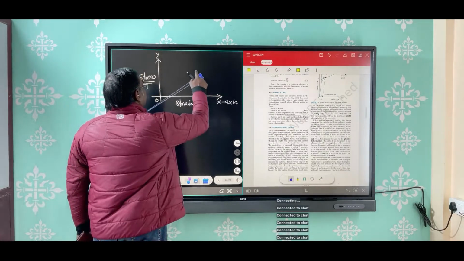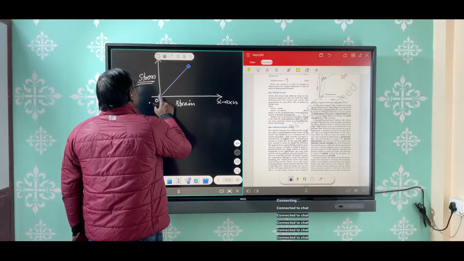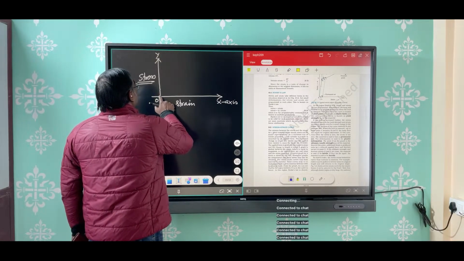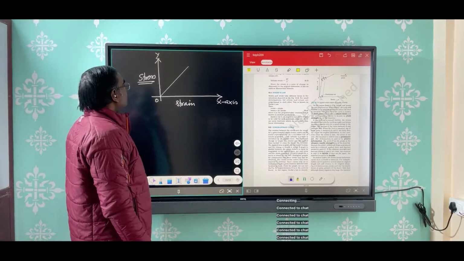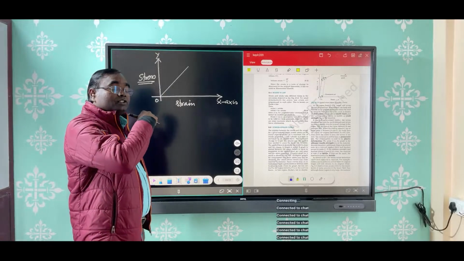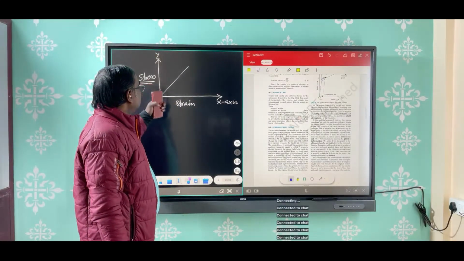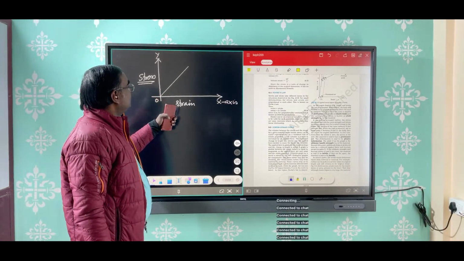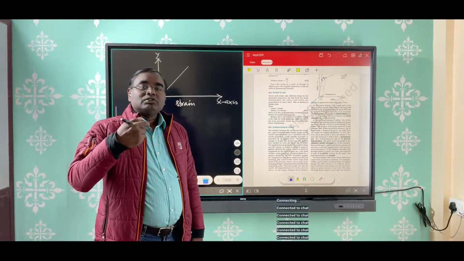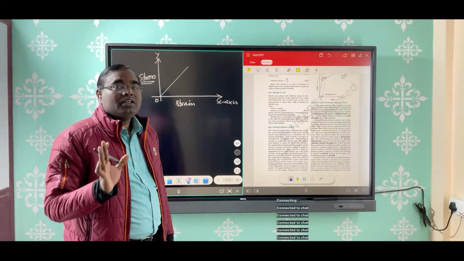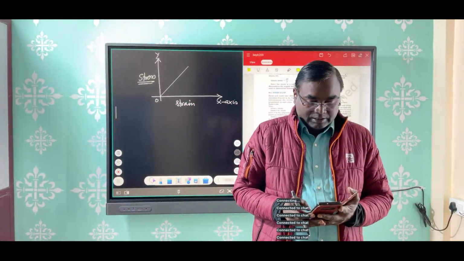For the linear relationship, I am using this line for the perfect straight line. So for the linear relationship, there will be a straight line if we plot the stress versus strain graph. And if it is not linear, there will be a curve in place of the straight line. Okay.